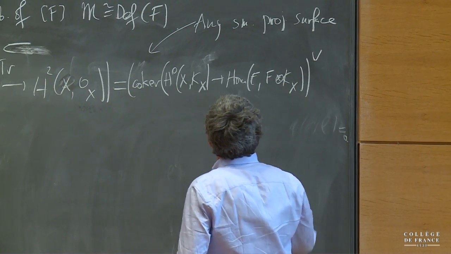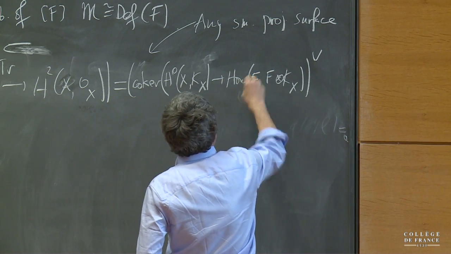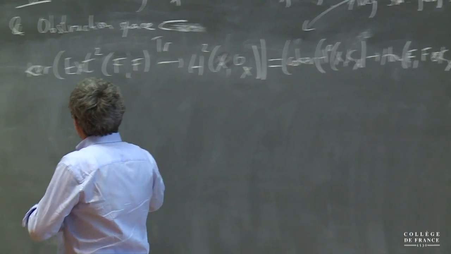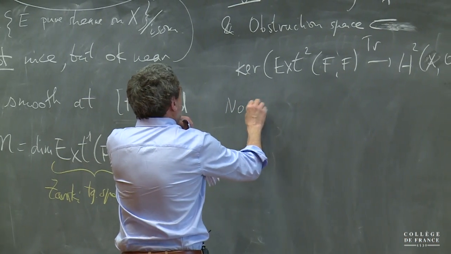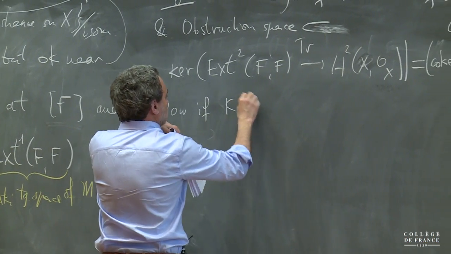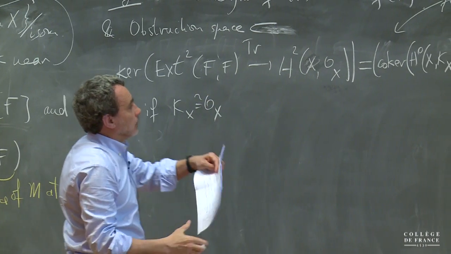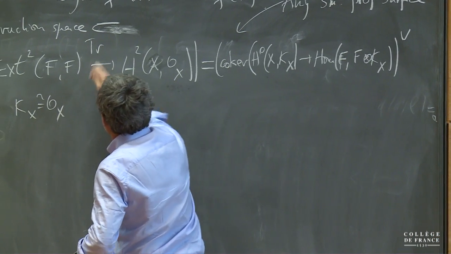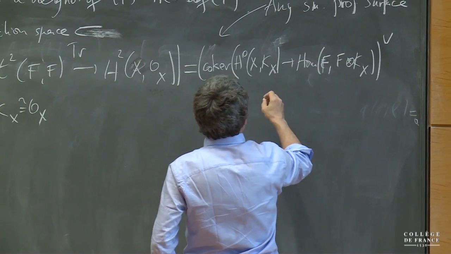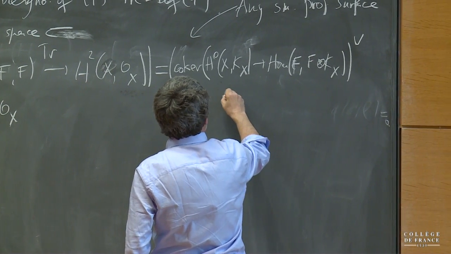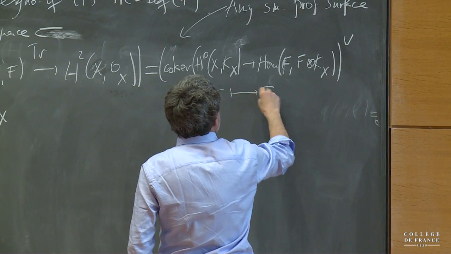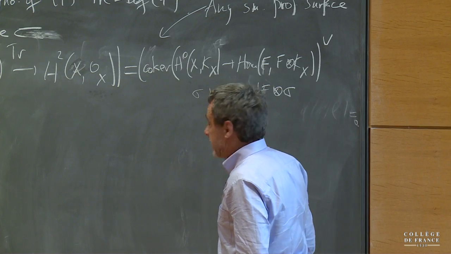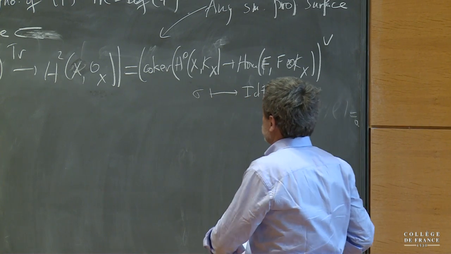Now if K_X is trivial, this map is easy. While the trace is slightly mysterious, this map is: you have a section and you map it through the identity of F tensor that section. So this is easy to describe. That's why I went to the dual.